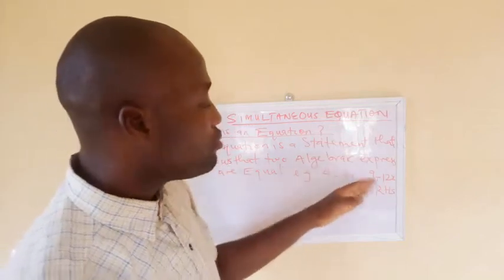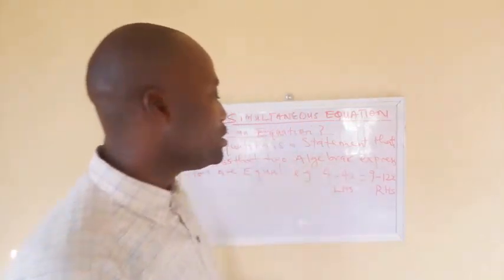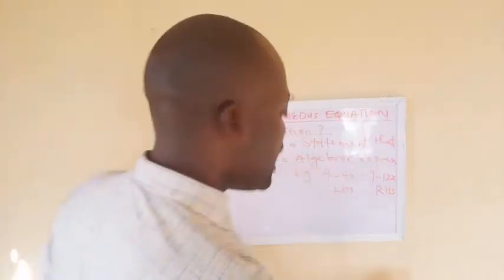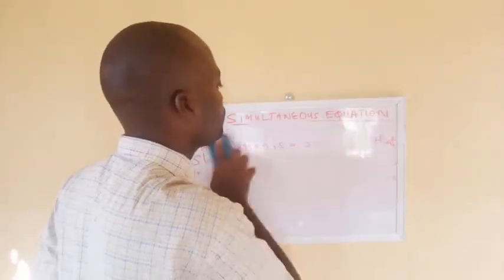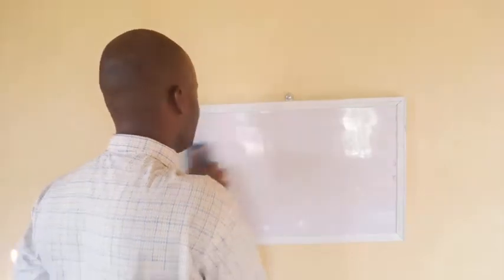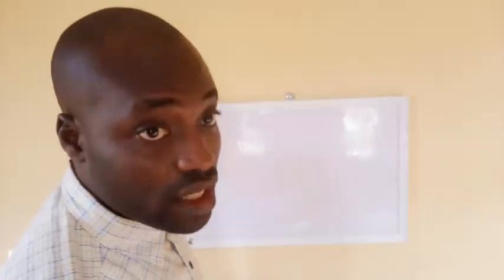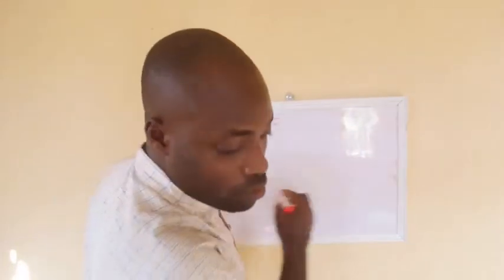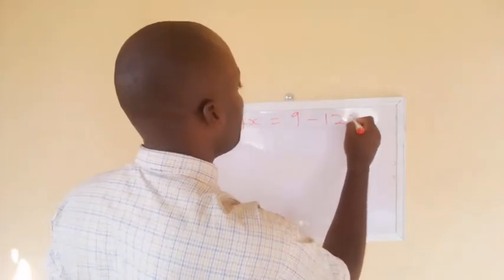So we have to prove that this equation is correct. Looking at this equation again, we have 4 minus 4x to be equal to 9 minus 12x.